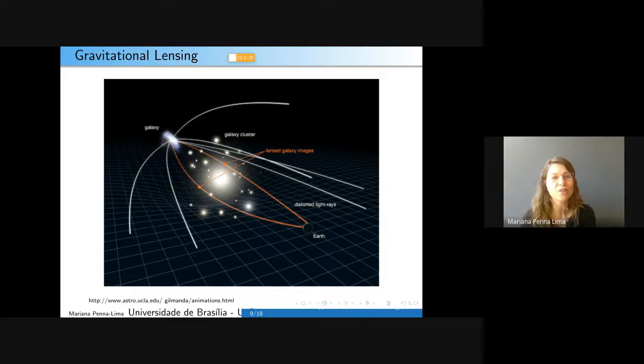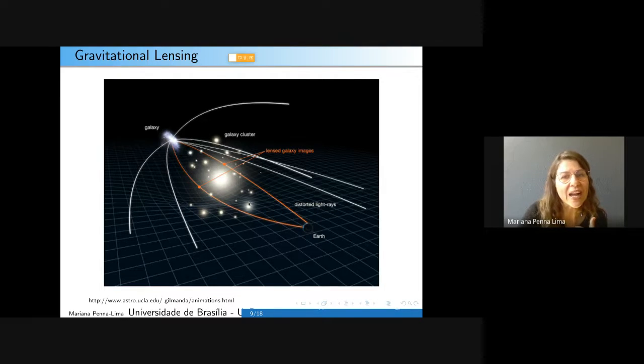And now I'm going to talk a little bit about gravitational lensing, because this is going to be the main information that we are going to use, for example, in LSST. Okay. So gravitational lensing, this figure here shows the Earth, us the observer.